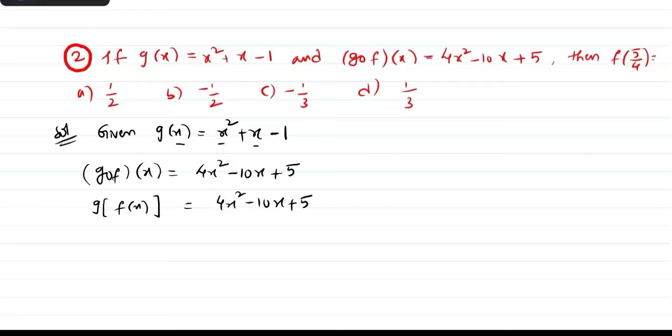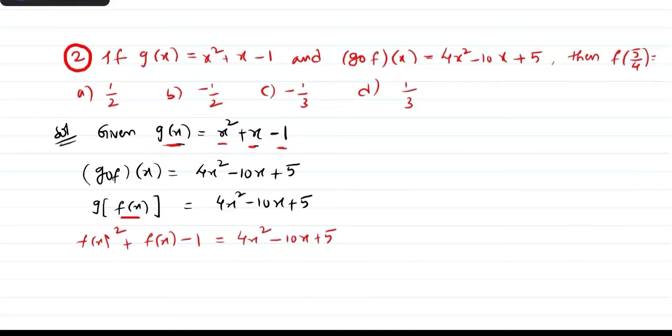Okay, right. Now as I said in the previous step, g of something is equal to something square plus something minus 1, right? Now apply that concept here. G of something, here in the place of something we have f of x, but treat it as something. So according to given data, it is something square plus something minus 1 is equal to, already we have on the right hand side, 4x square minus 10x plus 5, right?